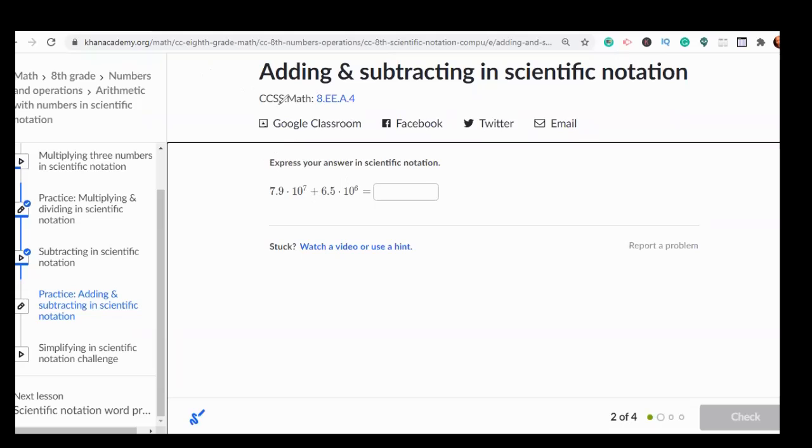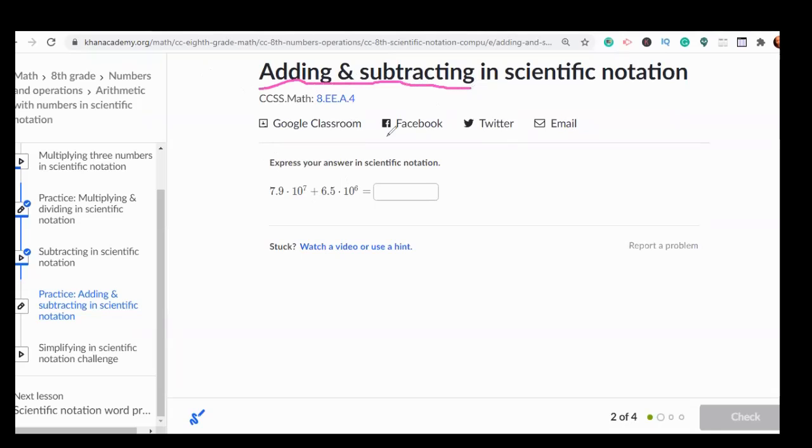Remember, when we are adding and subtracting, the powers have to be identical. I have a 10 to the 7th and a 10 to the 6th, which means they are not going to work the way they are right now. So you can choose to either turn the 7 into a 6 or the 6 into a 7. I choose to turn the 10 to the 6th into a 7.